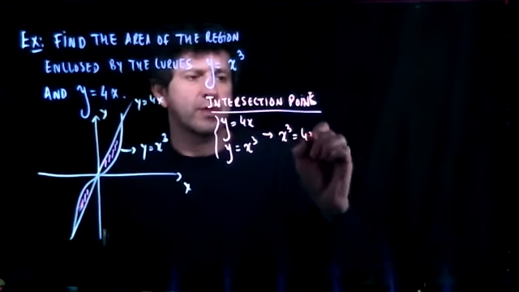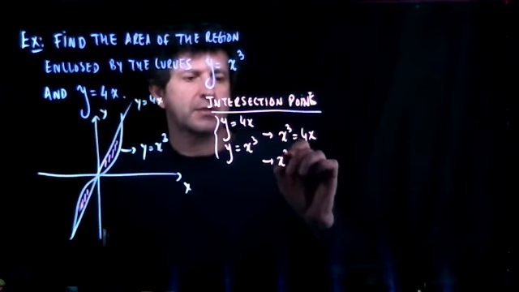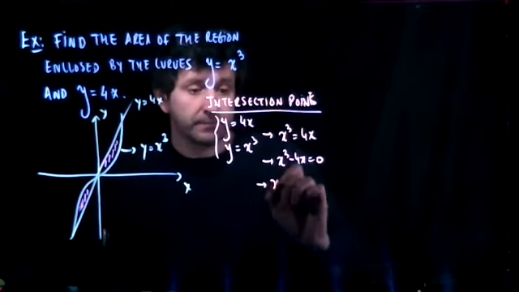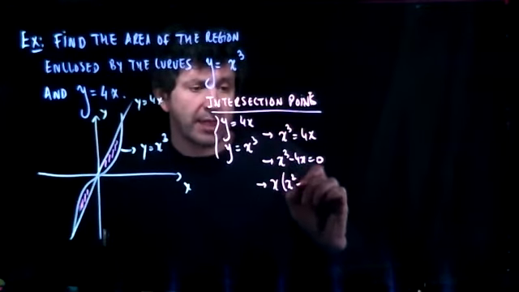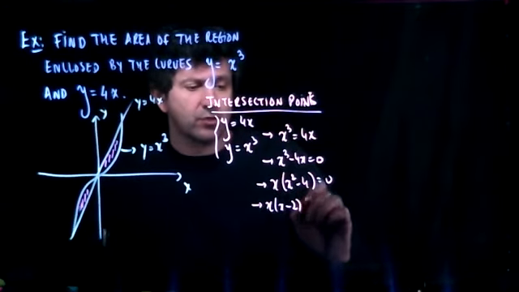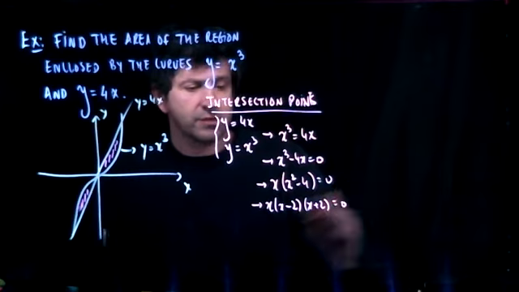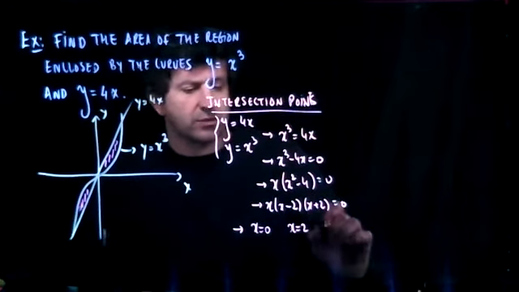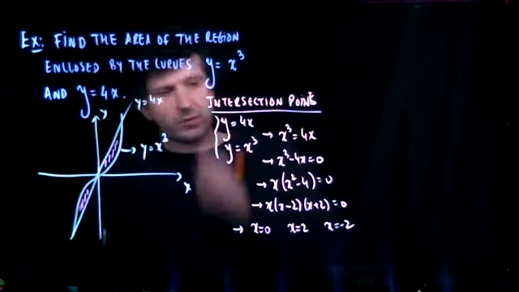So x cubed equals 4x, x cubed minus 4x is equal to 0. x times (x squared minus 4) is 0. x times (x minus 2) times (x plus 2) equals 0. And so either x is 0, x is 2, or x is minus 2.